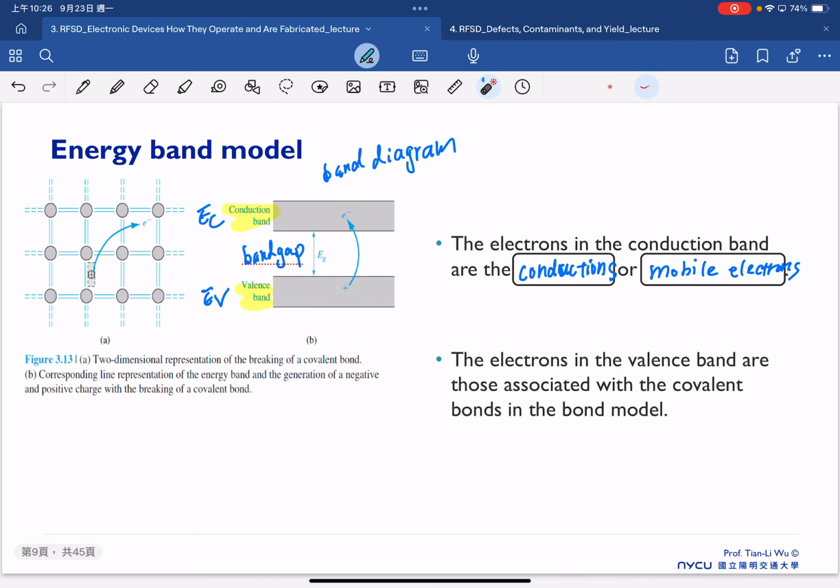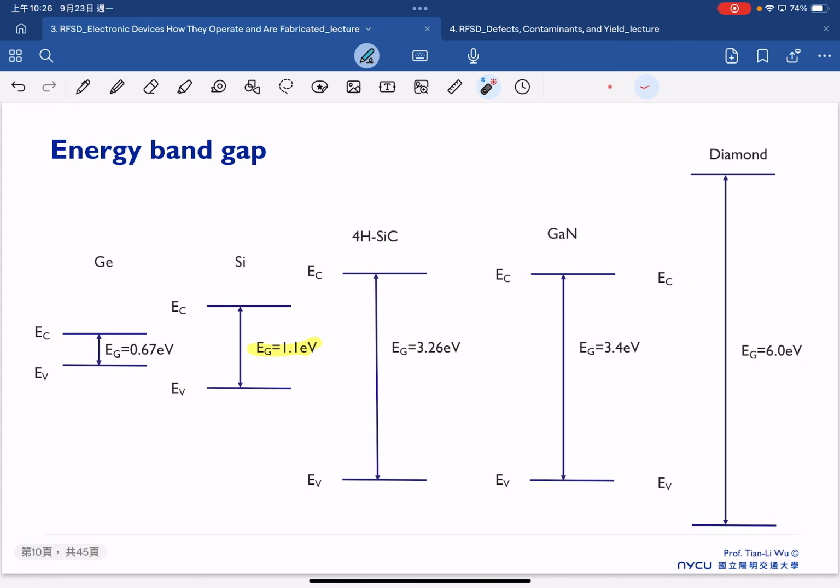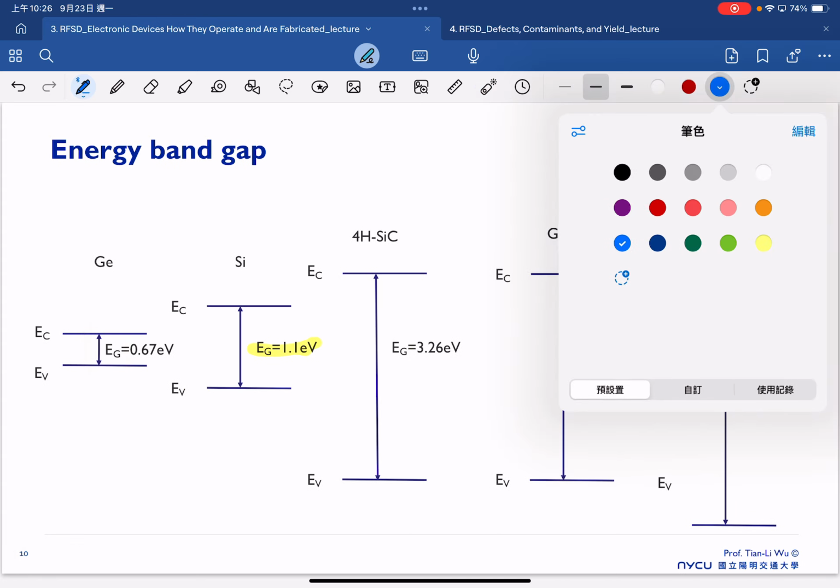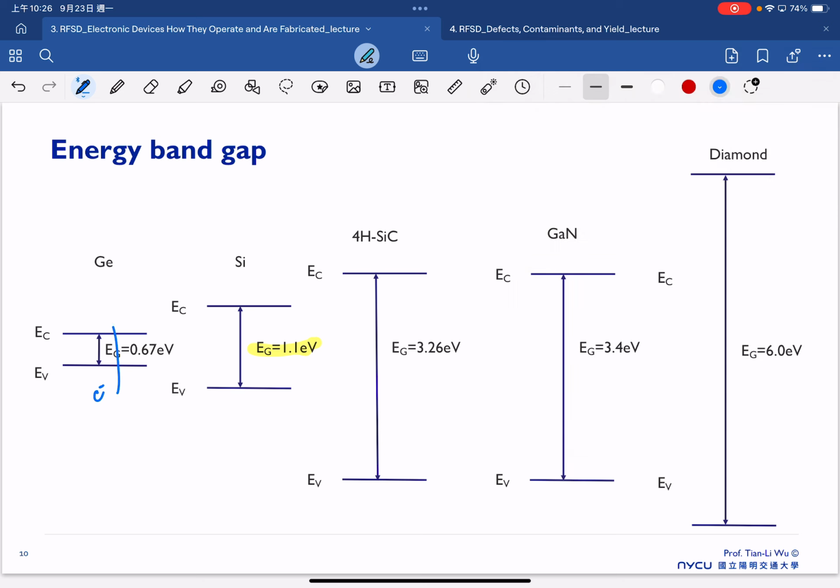Based on the previous knowledge, we understand that once the carrier moves from the bottom to the top, that becomes the current. So with a small band gap material, electrons can easily cross the band gap and reach the conduction band. So that becomes the current here.